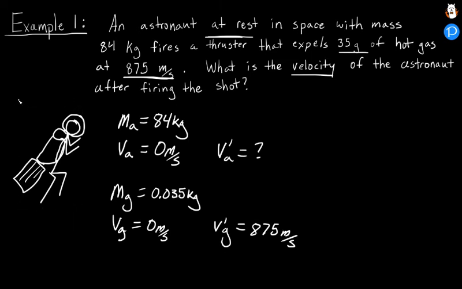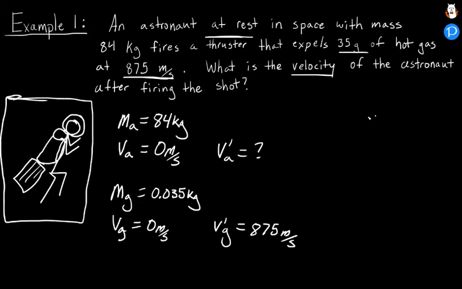So if we make the gas and the person a closed system, we know that the mass and velocity of the astronaut plus the mass and velocity of the gas is going to be equal to the new mass and velocity of the astronaut plus the new mass and velocity of the gas.